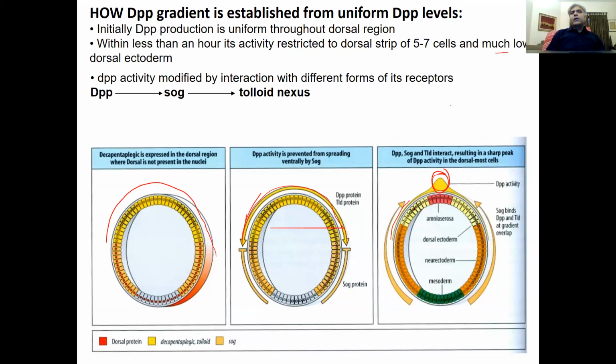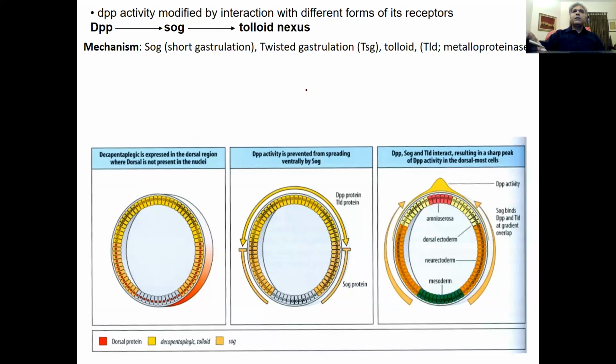There are proteins called SOG, short gastrulation, and tolloid. They modify DPP activity by interacting with different forms of its receptors and DPP itself. For example, short gastrulation, then twisted gastrulation, and tolloid is a metalloprotease.